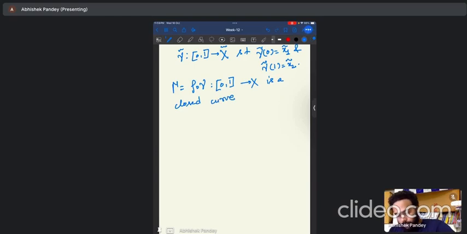Okay, and since x is simply connected, gamma is homotopic to a constant curve.